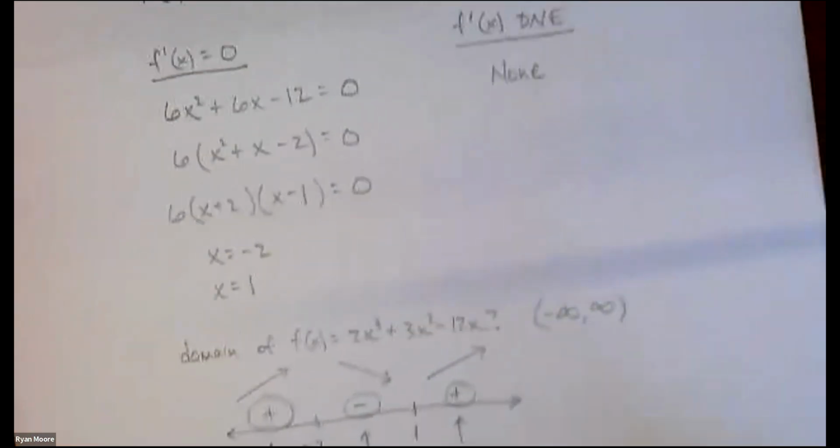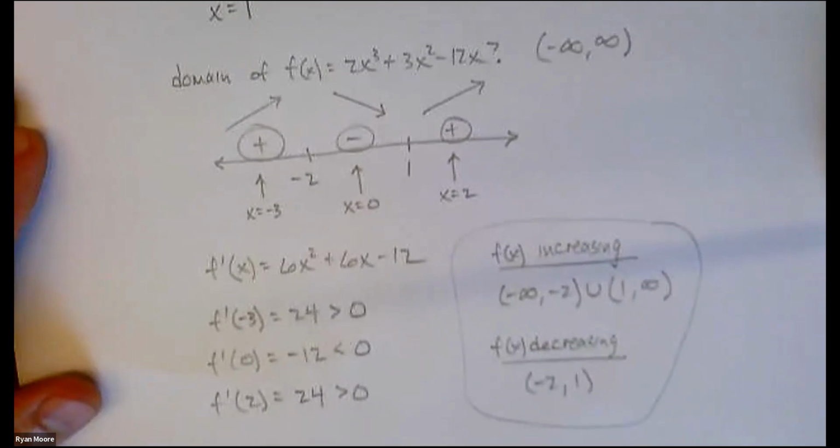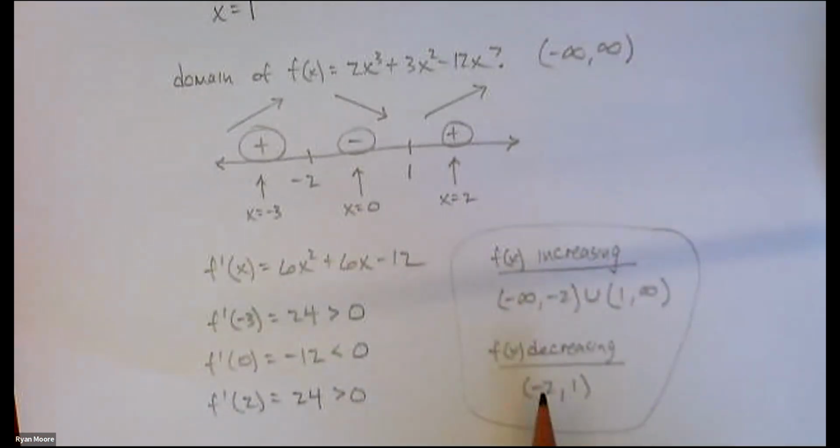Let me switch back over here. Okay, so here it was. So from this example, let's say we got all the way to this point where we knew the increasing and decreasing. Okay, let's say though we didn't want to find out necessarily where we were increasing and decreasing.